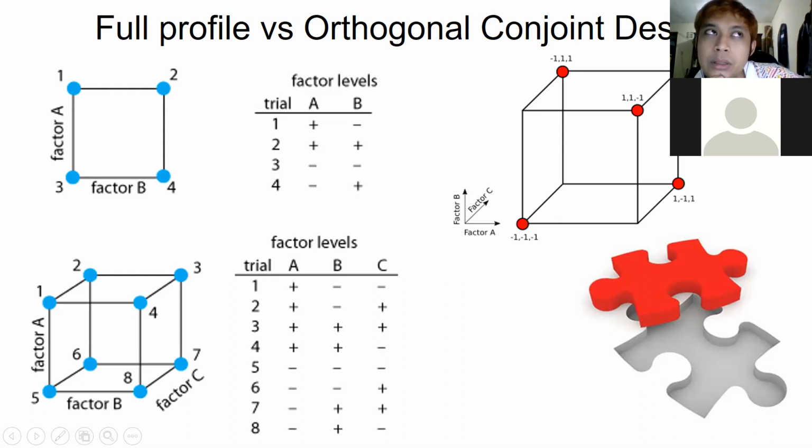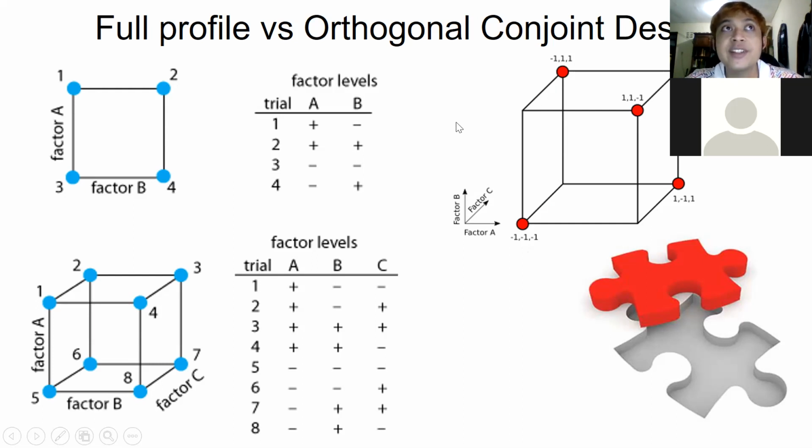Let me think for a while. 2 times 3 is 6, 6 minus 1 should be 5. How can it be 4? But anyway, this is a wrong formula. But the software will show you the minimum for the orthogonal design.